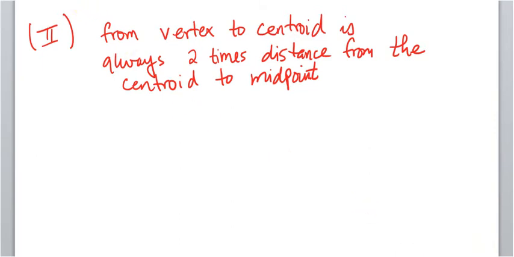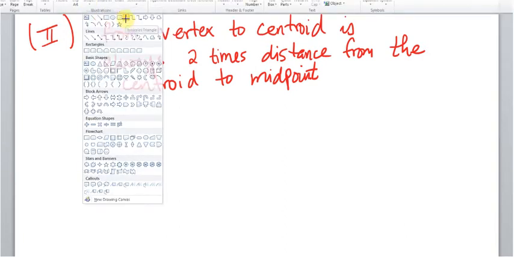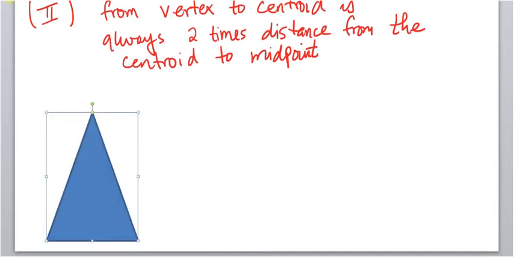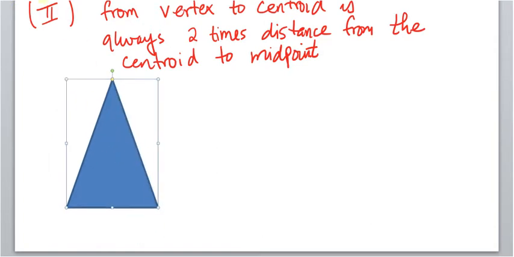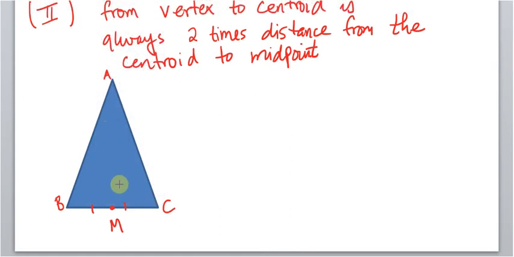Let's illustrate this to get a better sense of what I'm trying to say. Let's say I have some sort of triangle, and just for simplicity, let's put the centroid somewhere in here. Let's name this triangle A, B, C, and call the midpoint here M. Let's make ourselves a median of this.